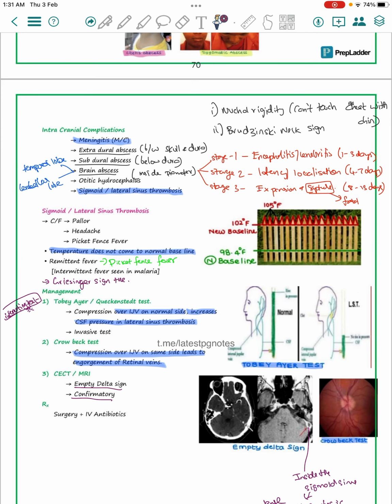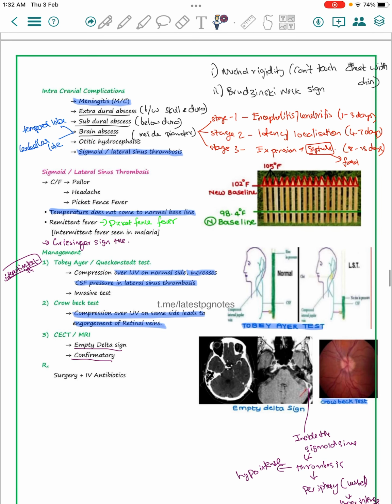Then the Crowe-Beck test, that is, compression of the IJV on the same side leads to engorgement of retinal veins. You can see the eye; the compression causes engorgement of the retinal veins. And then MRI can show the empty delta sign here, which is confirmatory for lateral sinus thrombosis.